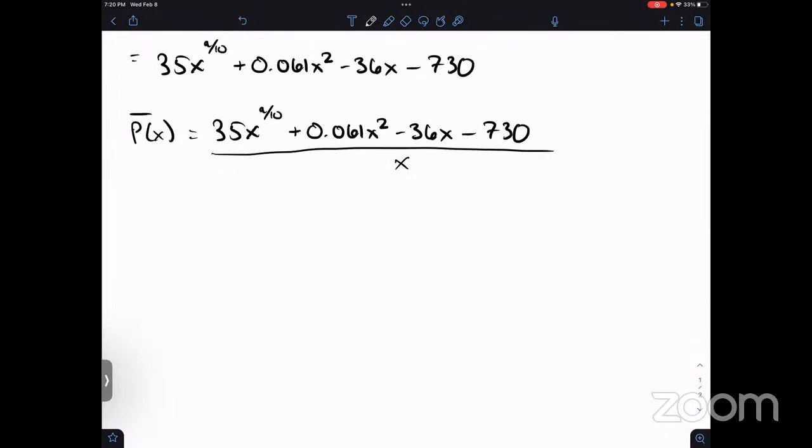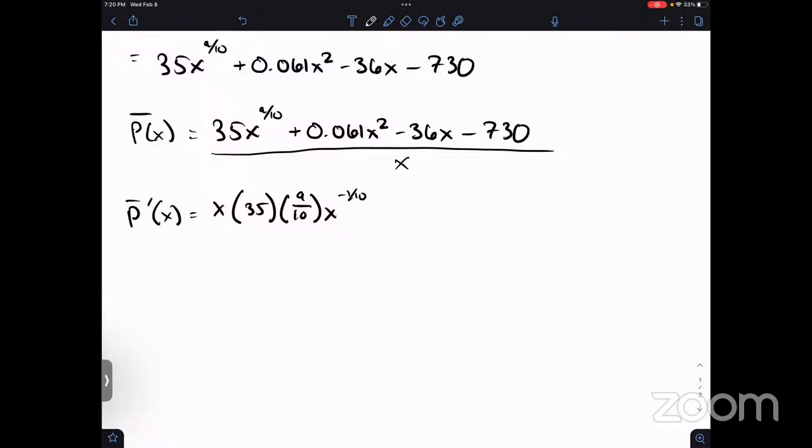So then P bar prime. I'm going to do my low d high minus high d low over low low. So the bottom, which is this, times the derivative of the top. Man, that's a lot. I'm going to leave it like 35 times 9 over 10 times x to the power of negative 1 over 10.